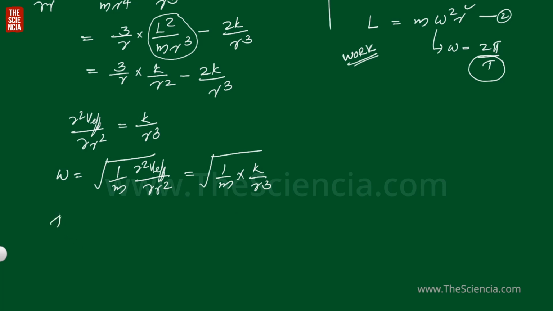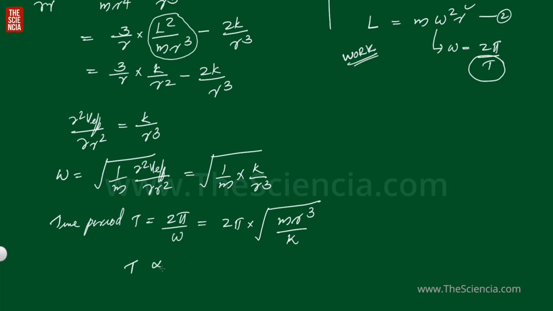And we know time period t equal to 2 pi by omega, that is equal to 2 pi into root of m r cube by k. That is, we got time period t is proportional to r raised to 3 by 2. So I can make two equations, that is t1 is proportional to r1 raised to 3 by 2 and t2 proportional to r2 raised to 3 by 2.